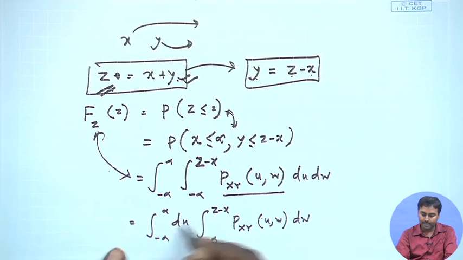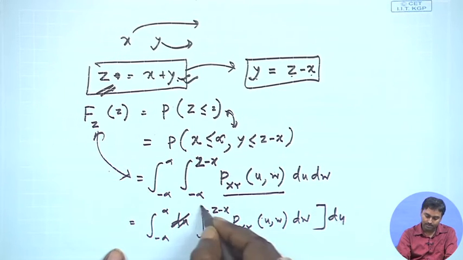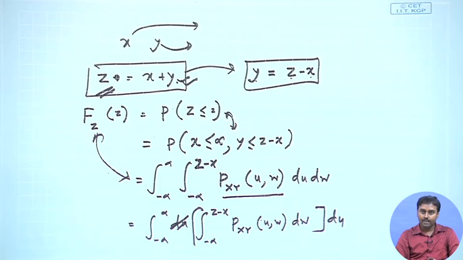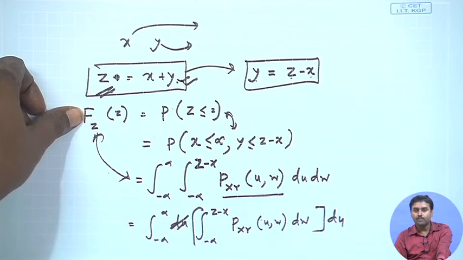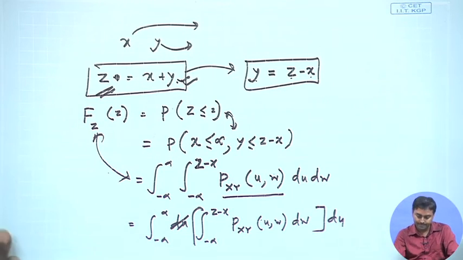You can even write du over here, or just write du over here, fine. Now, what I will try to do is differentiate this with respect to z, because I want the PDF of z, and that must give me the PDF of z.